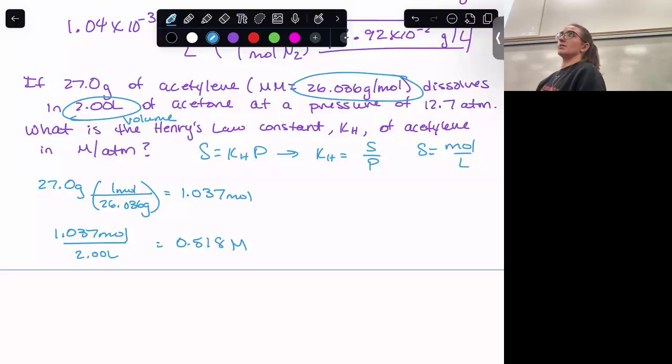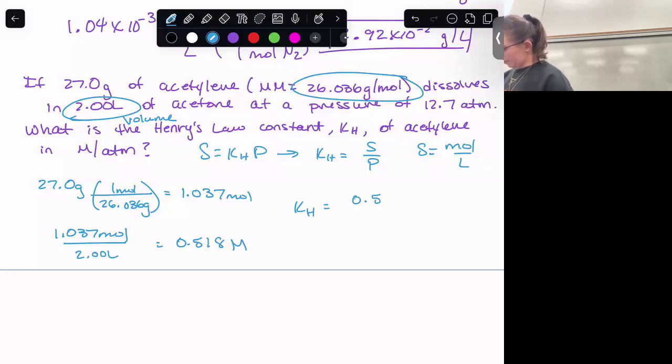What letter does that satisfy? Moles over liter. That gets us our S. Do we have P? Yeah, that's given to us. We have a pressure of 12.7. So now we can say that Kh is 0.518 molar over 12.7 atm.